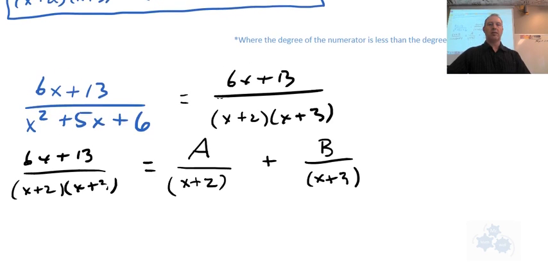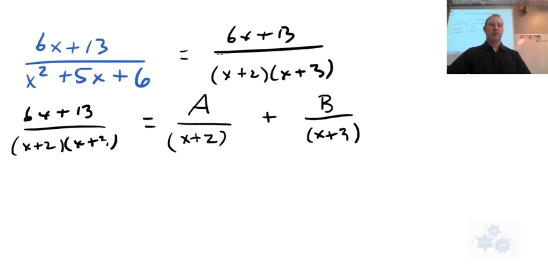Okay, we know that this exists. Under these criteria, the degree on the top is less than the degree on the bottom, and we have two separate factors. And we can do this with 3 or 4 or 10 factors too. The format is the same, but this is how we're going to do this.